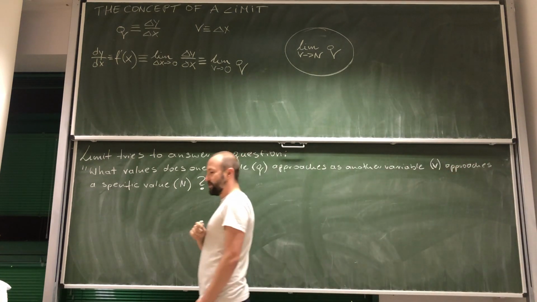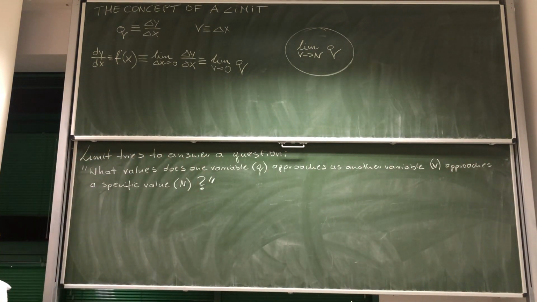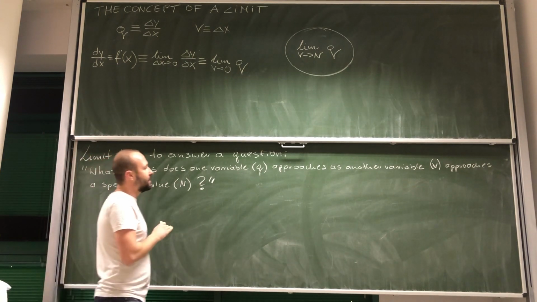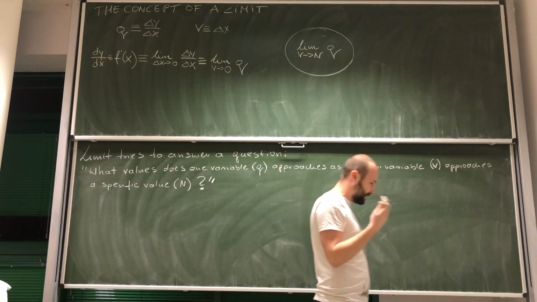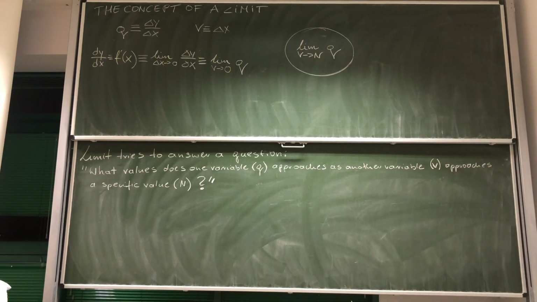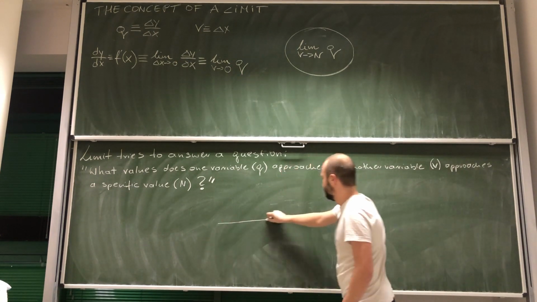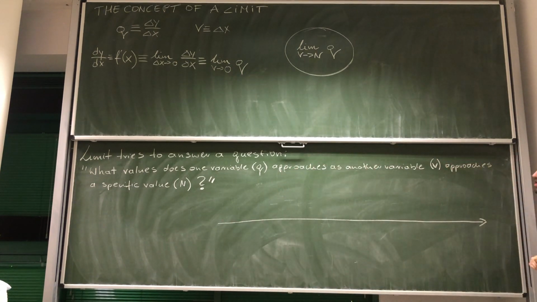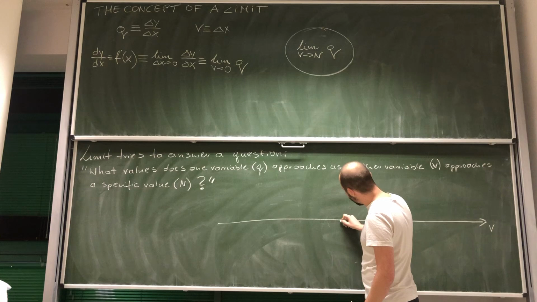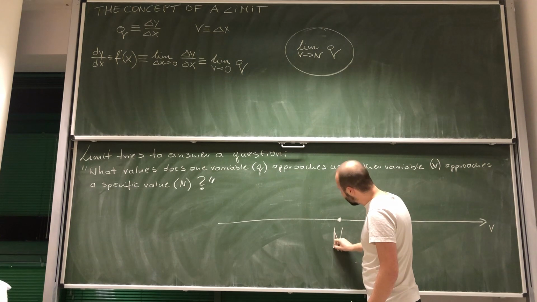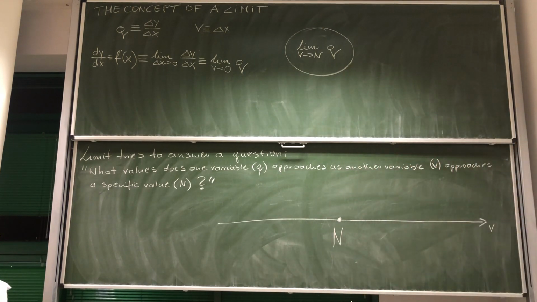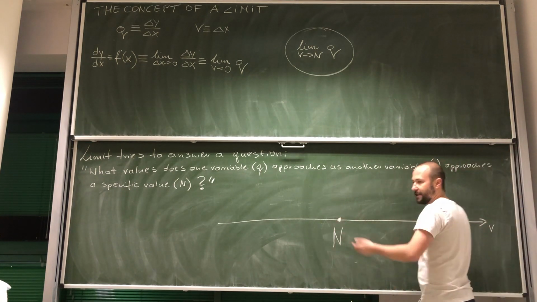But the thing here is that when a variable is approaching some specific value, it can usually do it from two sides. Look, if on this axis we've got v, and we are interested in what is happening if v approaches a specific value equal to n, then v can approach this value from two sides.